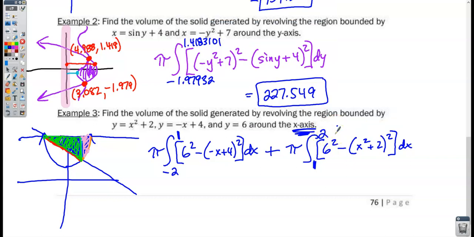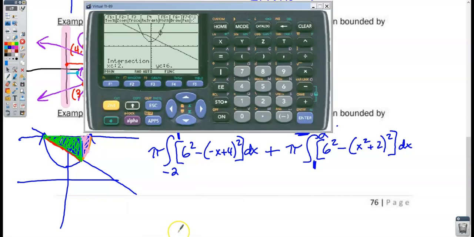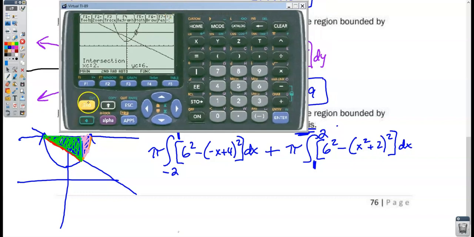I could go ahead and try to integrate all this by hand, but I'm going to use my calculator to find the value of this integral.